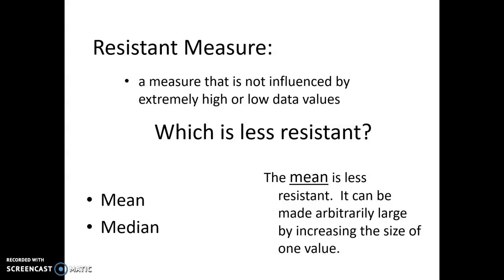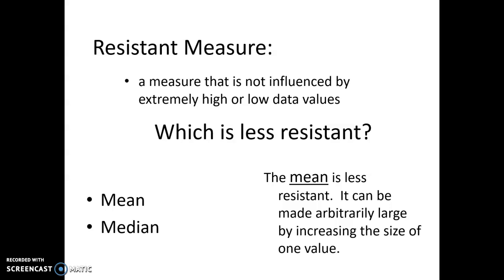If we take the mean age of our class, including me, the mean is going to be higher. It is less resistant. The median would be a very accurate measure of the middle age of our classroom, because my age really doesn't have that much influence over the median.